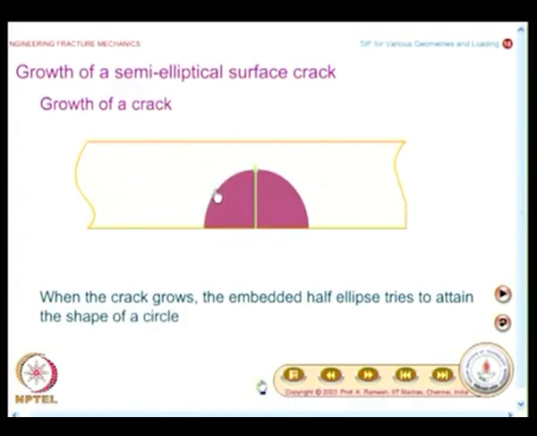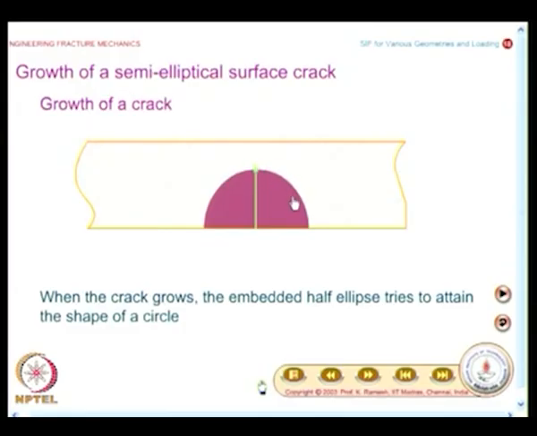When I have a crack front like this, in the zones which are closer to the front of the crack front here, away from the edges, this is more or less in a plane strain type of situation.